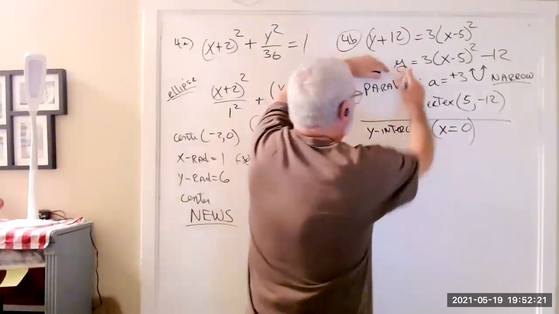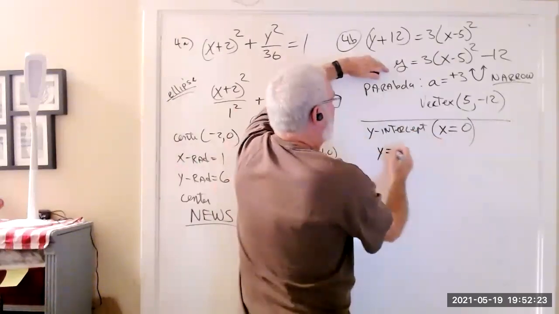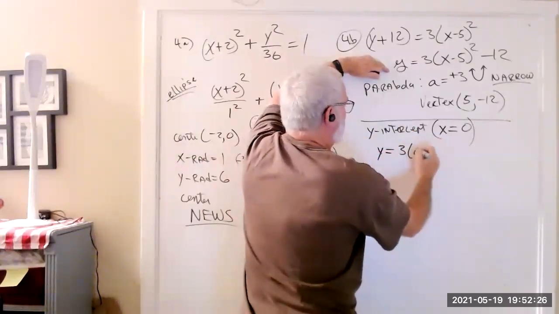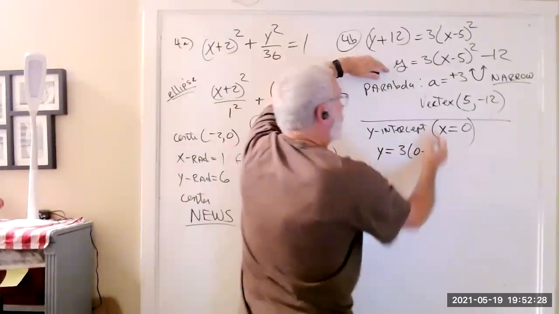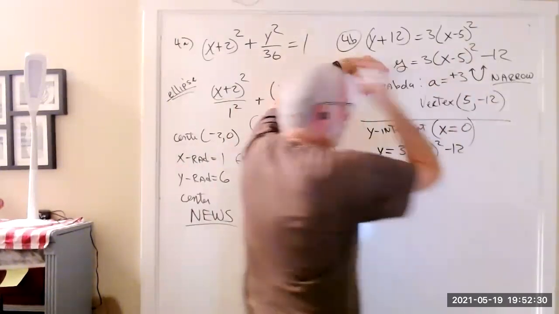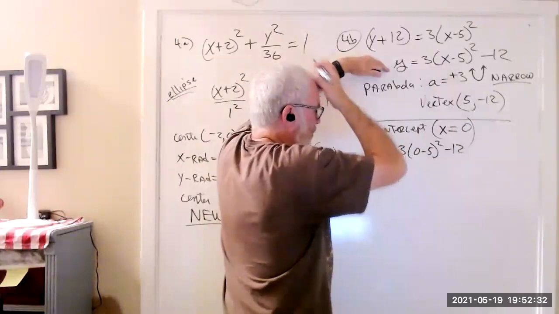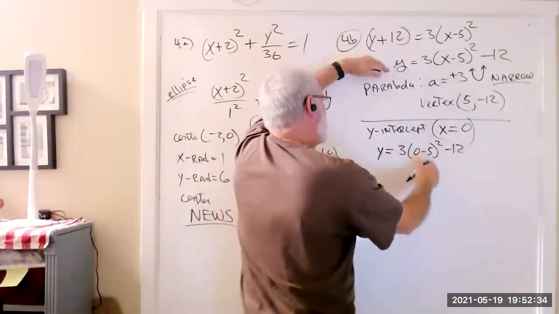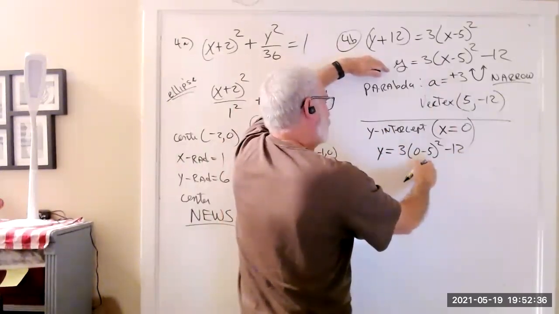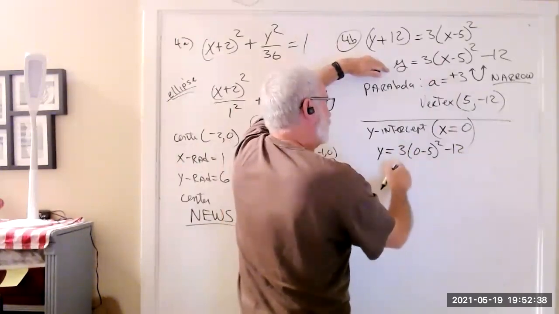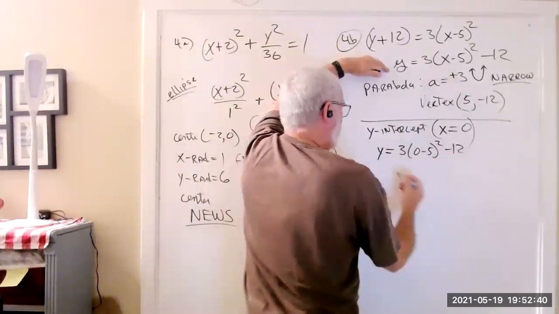So if I want to find the Y-intercept, I have Y equals 3 times (0 minus 5) quantity squared, minus 12. Okay, doing some arithmetic. -5 squared is 25, 75, 62, I think.